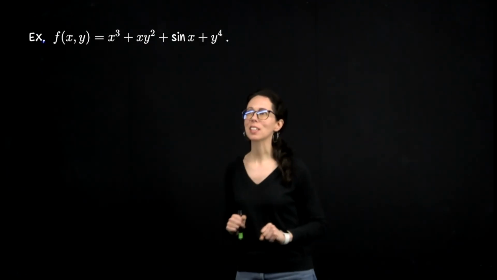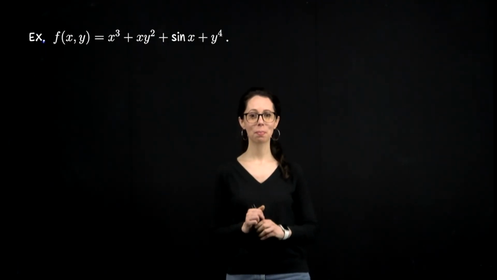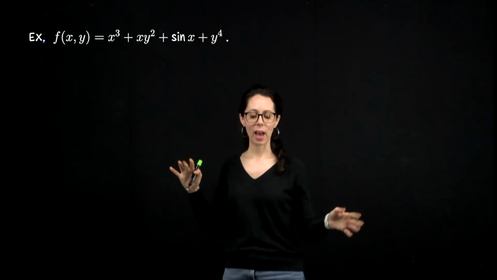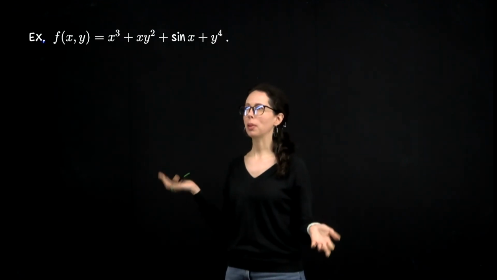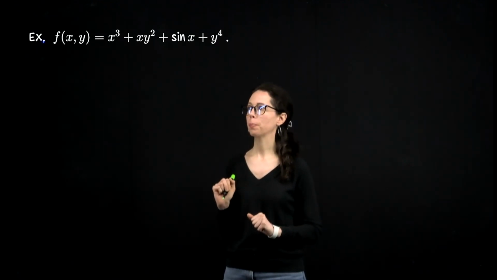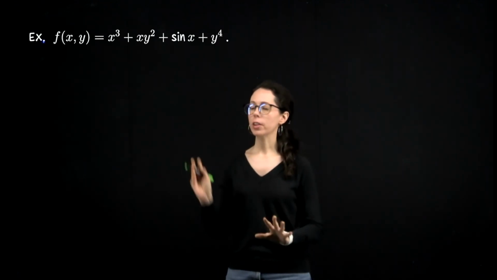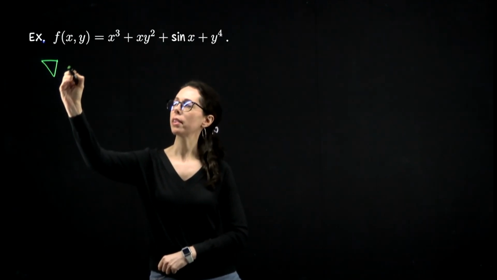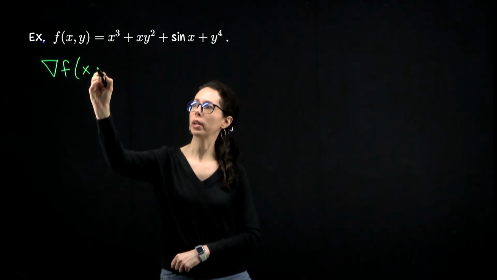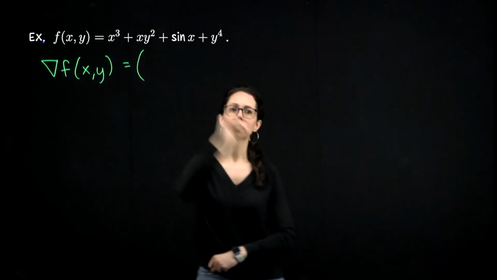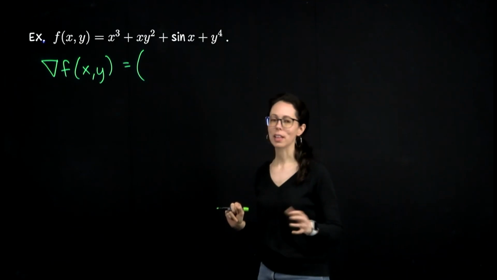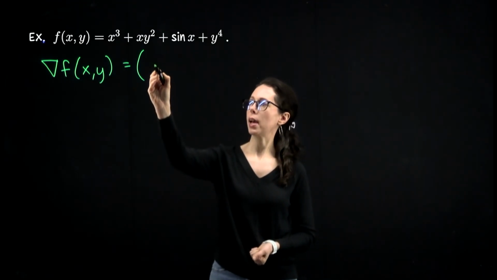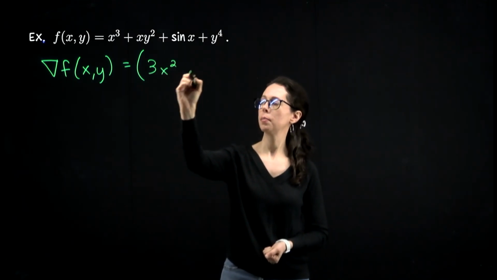As promised, here is a scalar valued function of two variables. We are going to compute the Hessian matrix in general, so at any point x comma y, and then we'll plug in, how about 1, 0. Okay, the first thing I'm going to do is write down the gradient. You could write down the Jacobian if you want, but I just like working with the gradient. It's the same entries, just as a vector. Differentiate x cubed with respect to x, we get 3x squared.